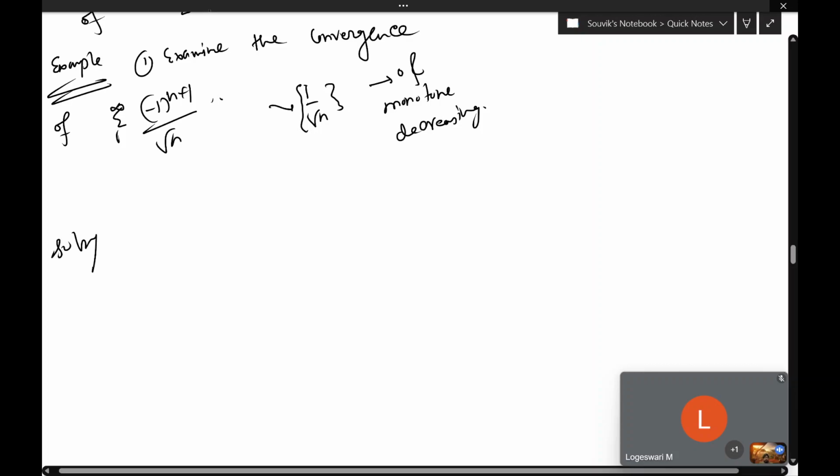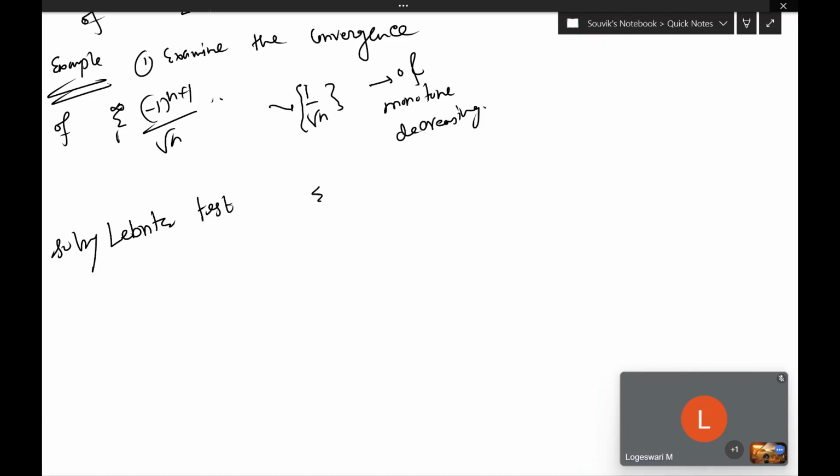So by Leibniz test, this series summation of (-1)^(n+1)/n is convergent, okay?